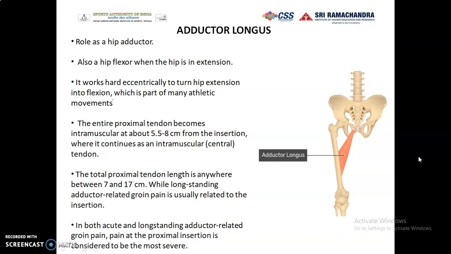In both acute and long-standing adductor related groin pain, the pain at the proximal insertion is considered to be the most severe. For differential diagnosis, long-standing adductor related groin pain is usually related to the insertions.